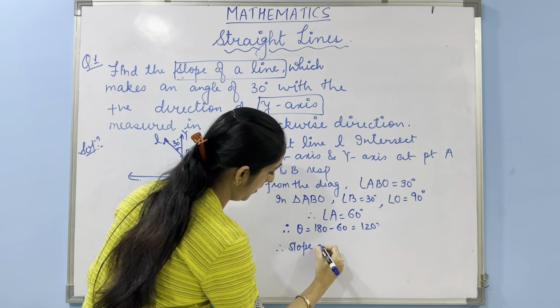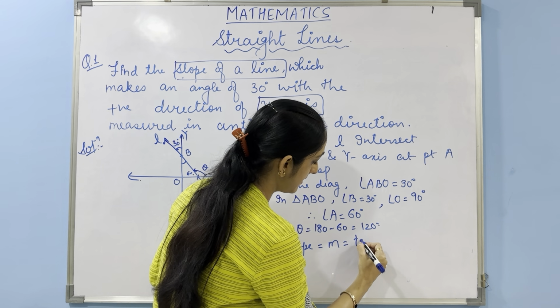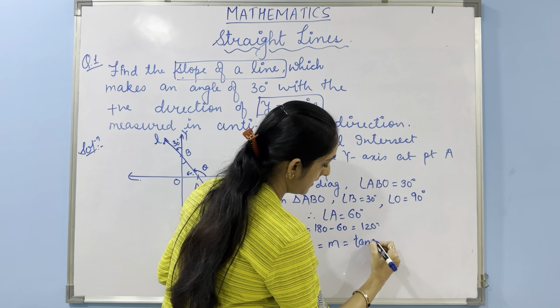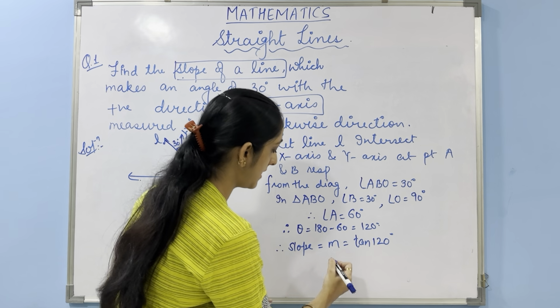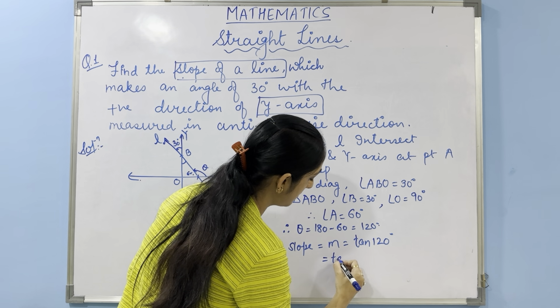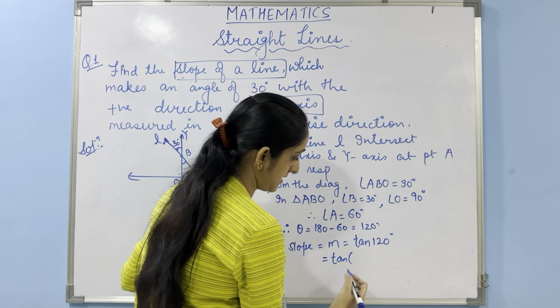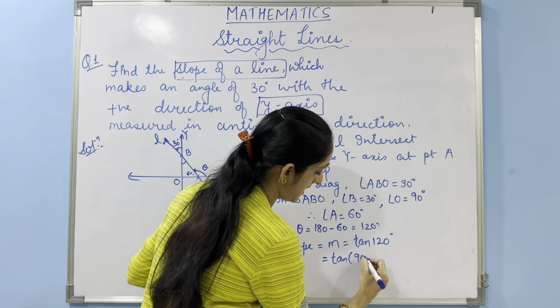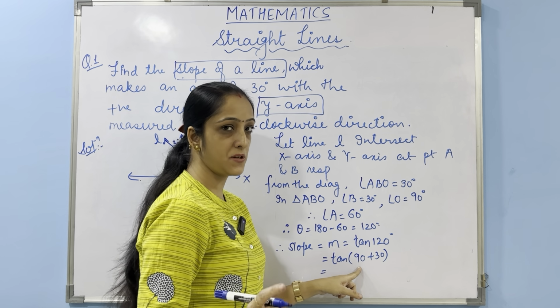Therefore, the slope, which is represented by m, is simply tan theta, and tan theta means tan 120 degrees. Now tan 120 degrees can be obtained by writing 120 as 90 plus 30.